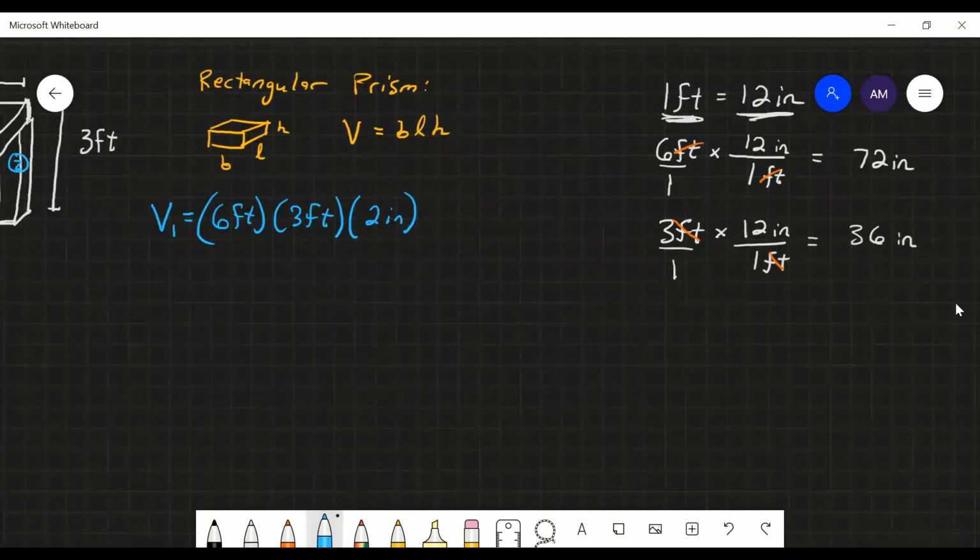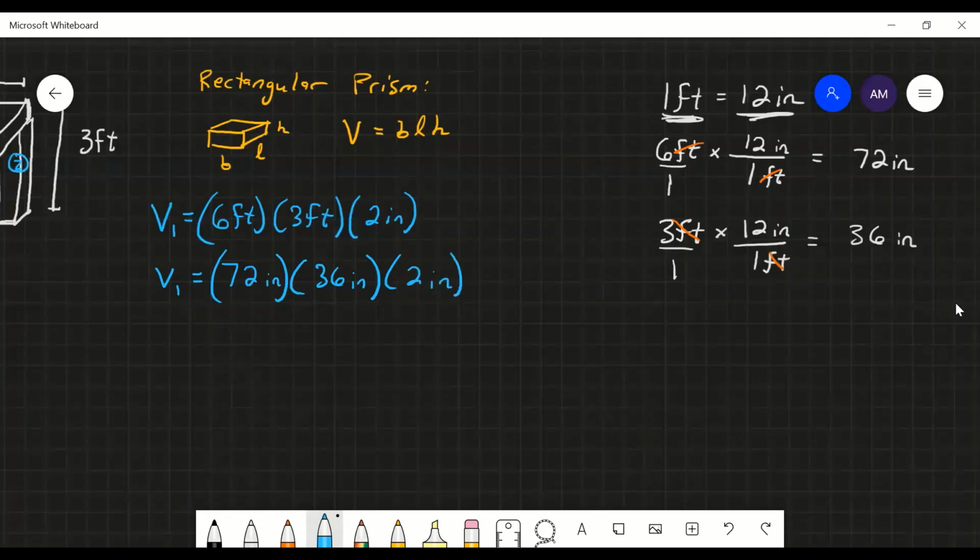The volume V1 equals 72 inches times 36 inches times 2 inches. 72 times 36, I'll need a calculator here. 72 times 36 times 2 equals 5184 inches cubed. And I put inches cubed because it's inch times inch times inch. So we have 3 occurrences of inches.